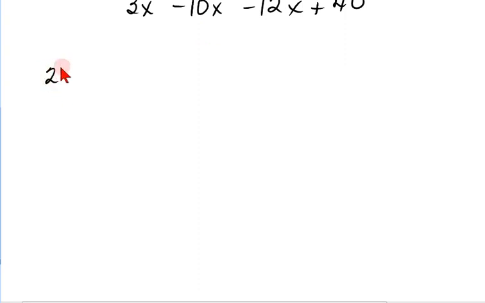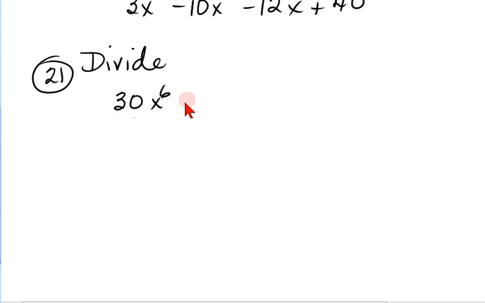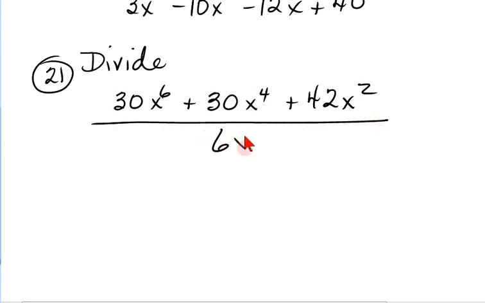Number 21. I'm going to divide, and this is division by a monomial. The problem starts out as 30x to the 6th plus 30x to the 4th plus 42x to the 2nd all over 6x to the 4th. Division by a monomial.